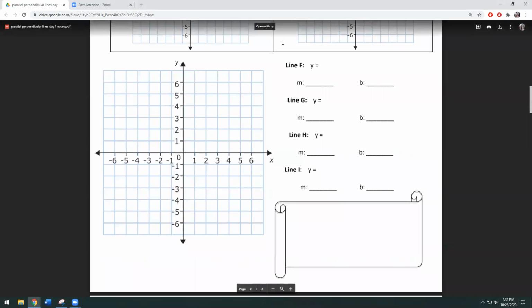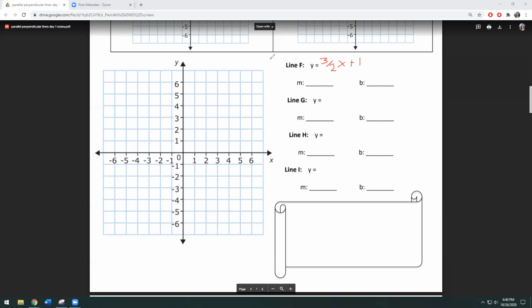Let's move on. So now I'm going to give you new lines, and I want you to graph them and compare them. So let's start off with line F. With line F, we're going to say that it's y equals 3/2 x plus 1.